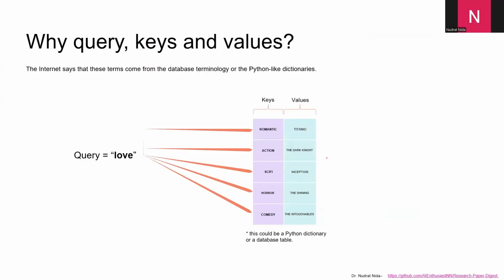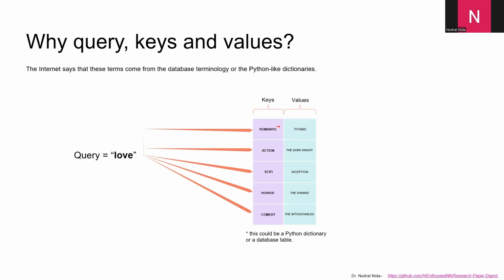So we can consider this with an example, like we have a key and a value. Like in Python, we have a dictionary which holds key-value pairs. Like we have movies, and we divide these movies into categories.